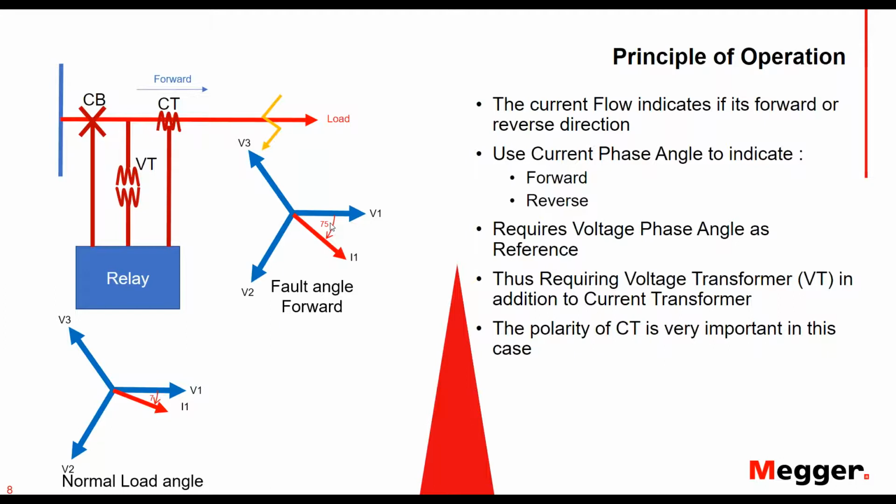Because of this, we can detect where this forward line angle can happen. And respectively, if you have a fault on the back of your line, or in the reverse direction as we call it, where the current flows to your bus, your angle will be shifted 180 degrees from your forward angle. And using this principle, we can build our directional overcurrent element.